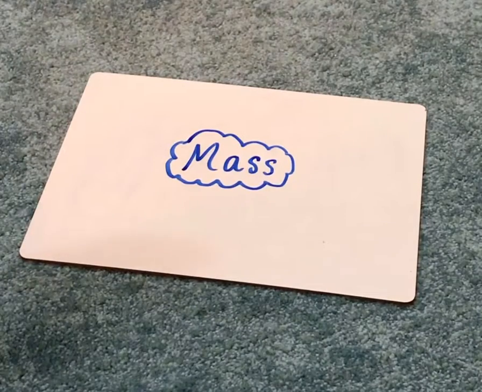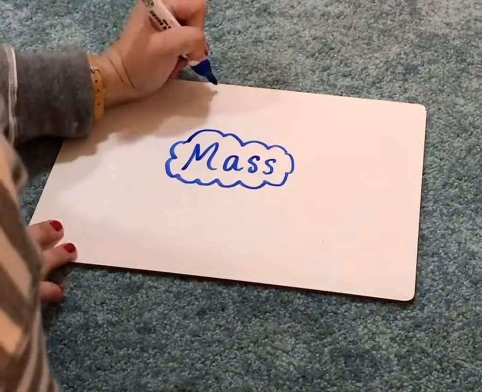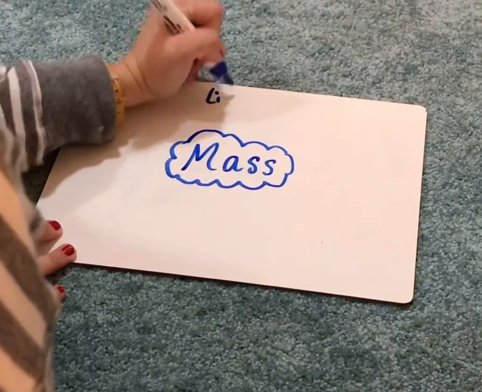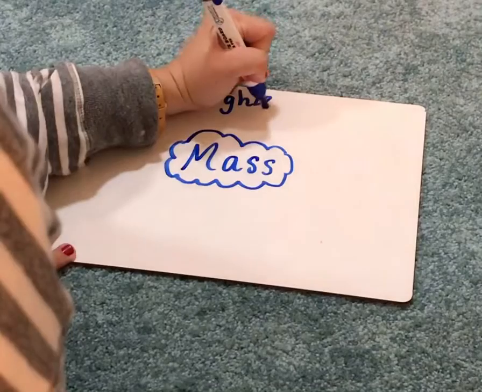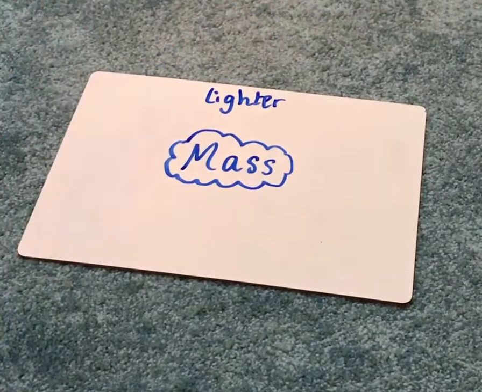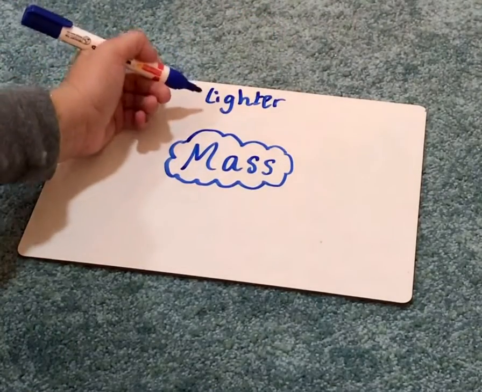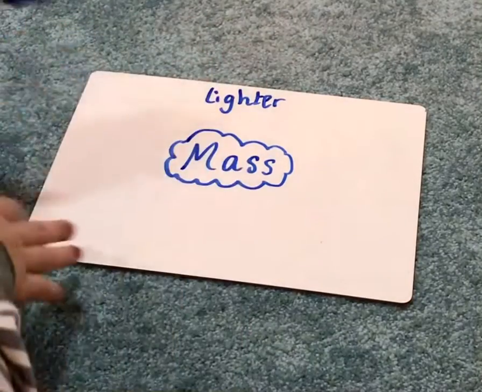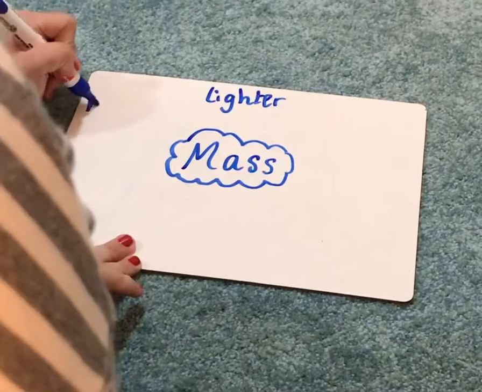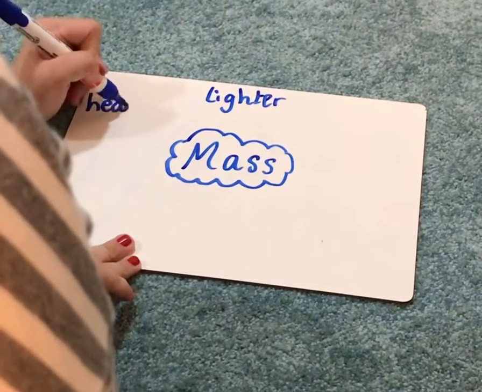So, the first one is lighter. These are all words we can use to describe how heavy something is. Let's say a pillow might be heavier than a bed. And the opposite of lighter or light is heavier or heavy, isn't it?